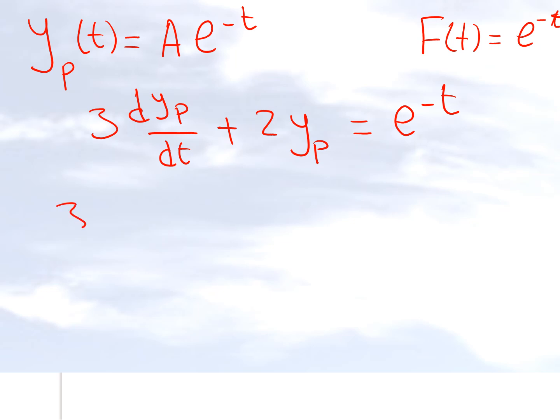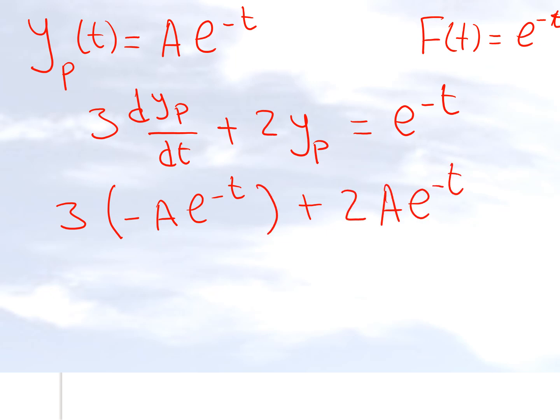We substitute our proposed solution for yp into that equation and solve for a. So we have 3 times the derivative of yp, which is minus a e^(-t), plus 2 a e^(-t), and this has to equal the right-hand side, f of t equals e^(-t).